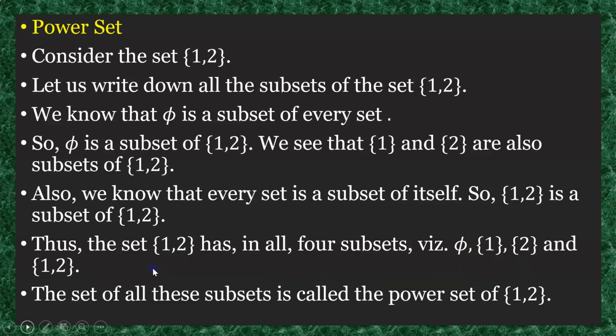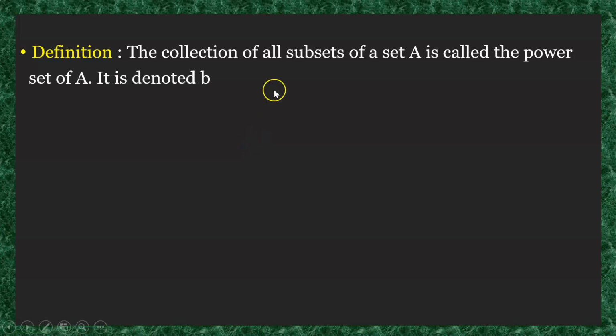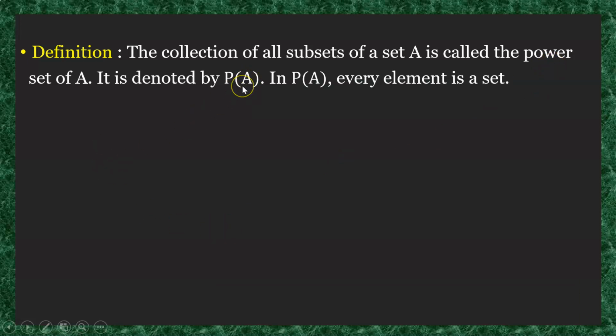Now the next. Definition: the collection of all subsets of set A is called the power set of A and is denoted by P(A). In P(A), every element is a set.